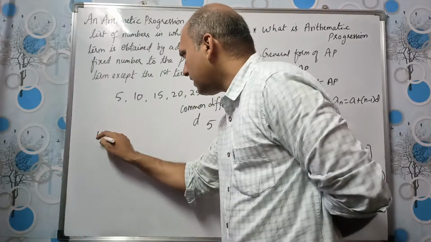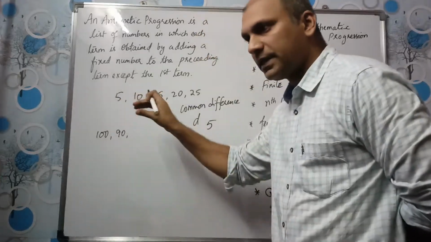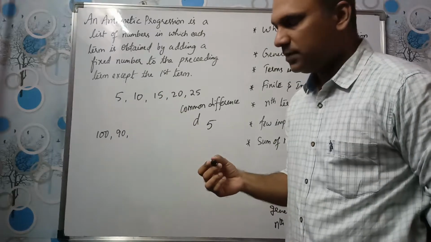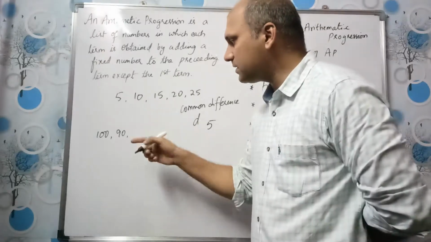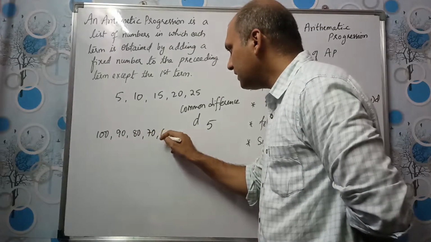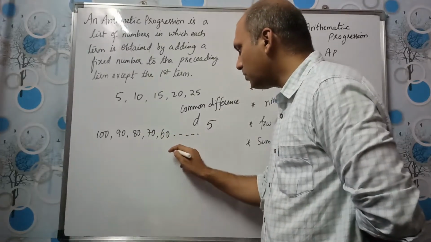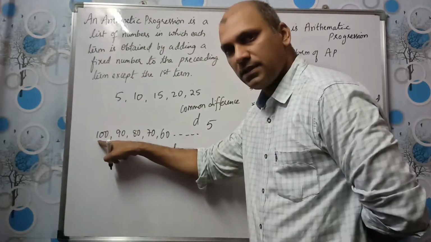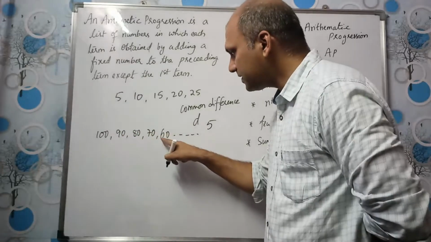Let us take one more example. Let us say we have 100, 90. See, what are we doing? We are subtracting 10, or we can also say adding minus 10. Subtracting 10 or adding minus 10 is the same. 100, 90, 80, 70, 60 and so on. How should we find the common difference D here? 90 minus 100, or 80 minus 90, 70 minus 80, 60 minus 70.